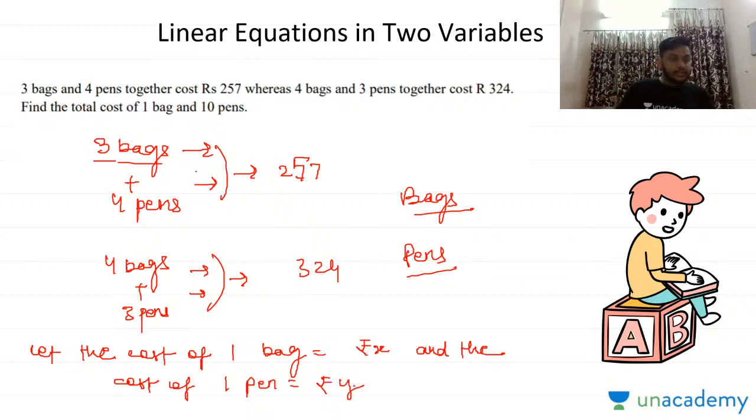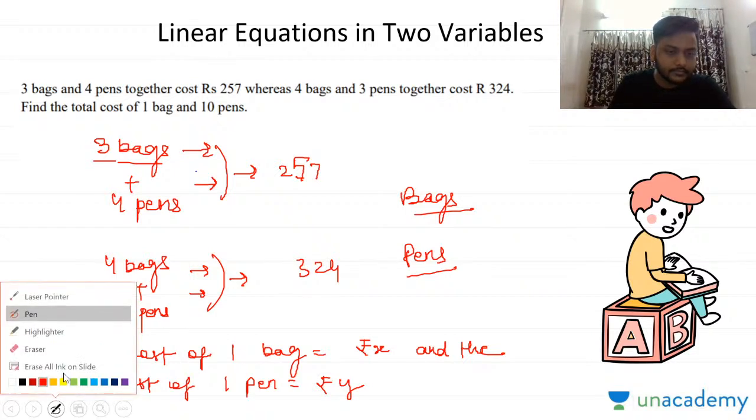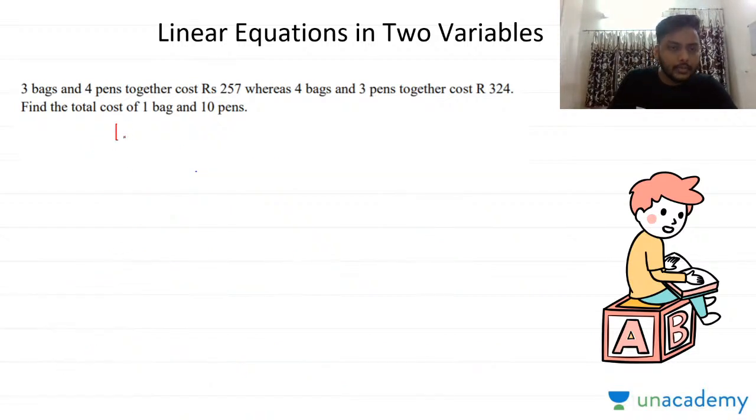So you assumed that the cost of one bag is rupees X and the cost of one pen is rupees Y. Am I clear, guys? Now please focus. I assume that the cost of one bag is X rupees and the cost of one pen is Y rupees.